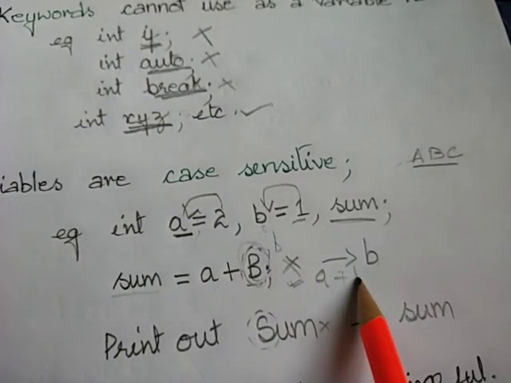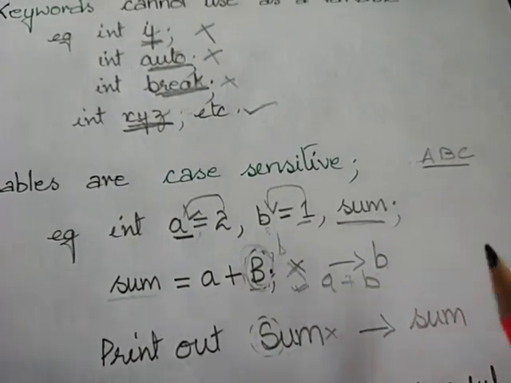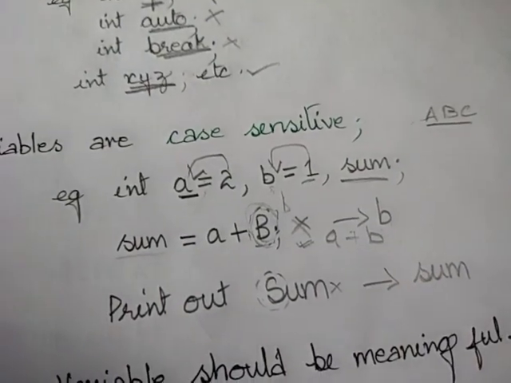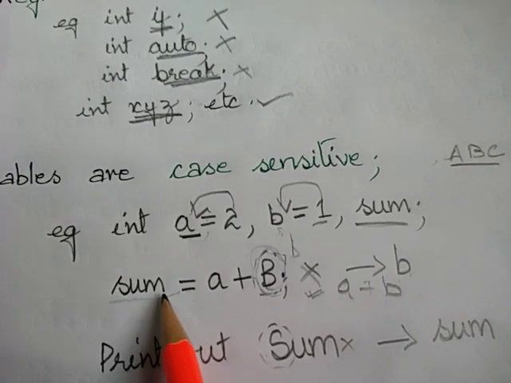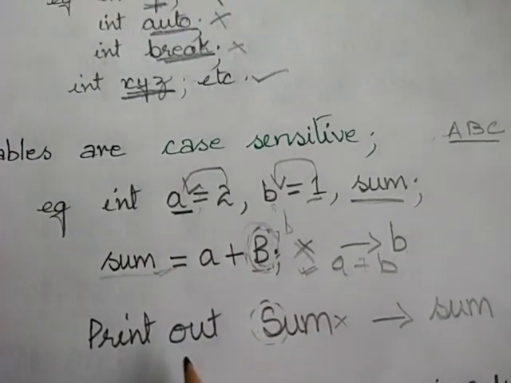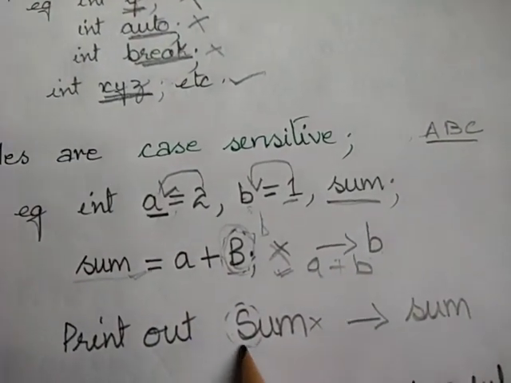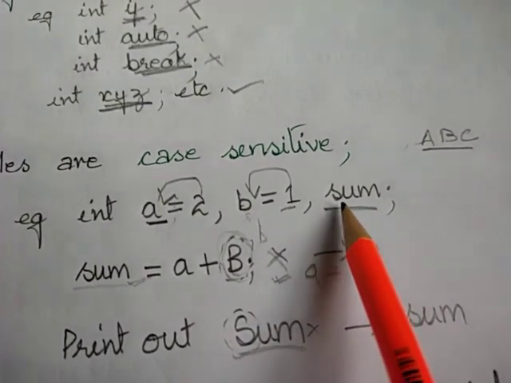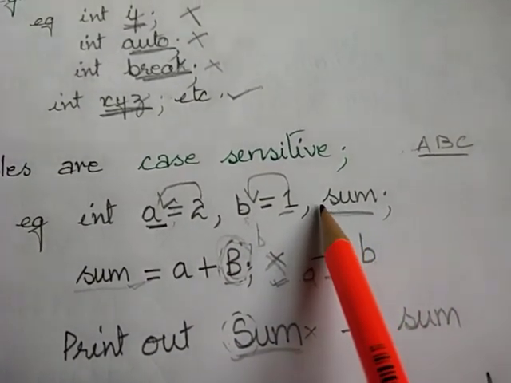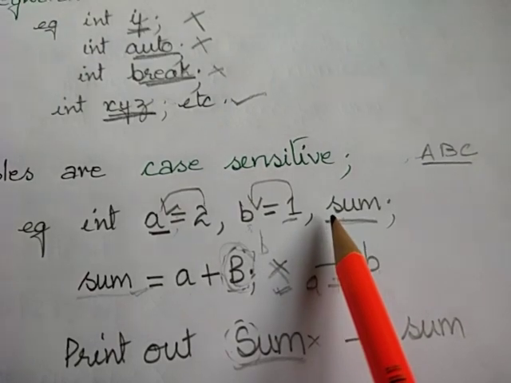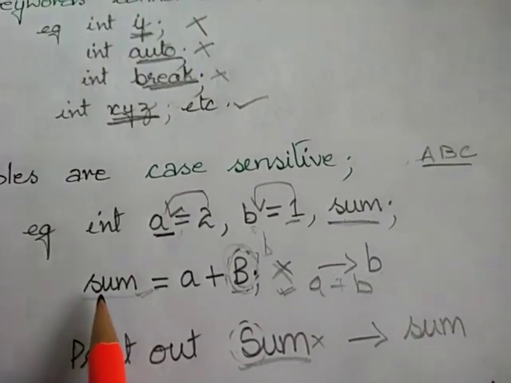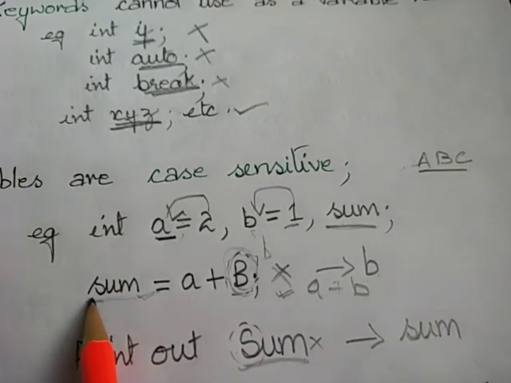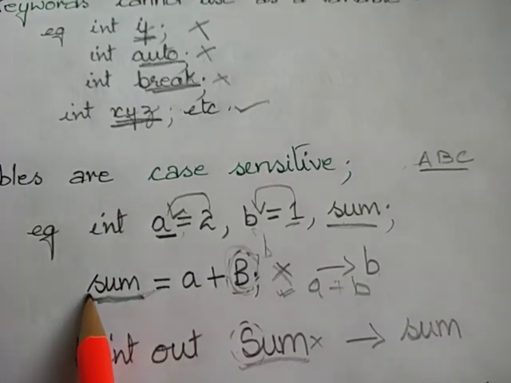It will be A plus B. Okay. Next, suppose you want to print out the value in the variable sum. You write print out sum. Over here, I declared the name of the variable in lowercase, small letters, sum. When I calculate, again the name is in small letters, sum.